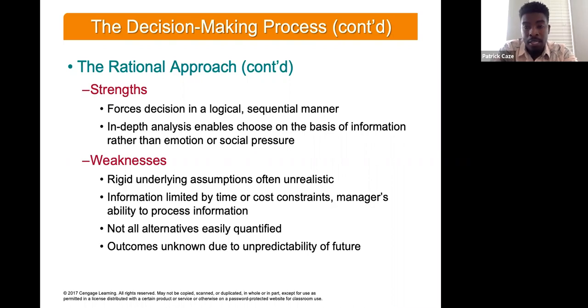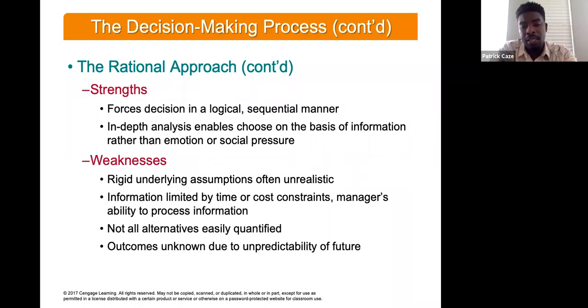The weakness is that it's very rigid. It's not flexible, because you have to follow the steps and you have to follow the rules. Information is, again, limited by time or cost constraints. Not all the options are easily quantified. So you may have an option, but it's not easy to put it together or to explain it to others, and to figure out, okay, this is a good approach or good answer in theory, but how do we really do it?